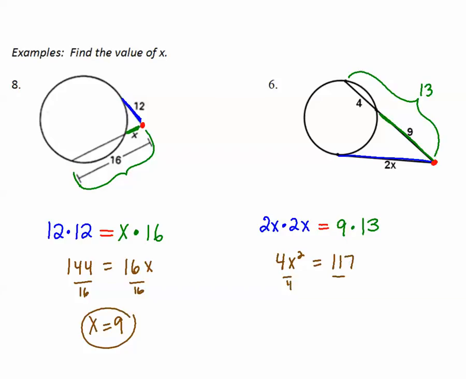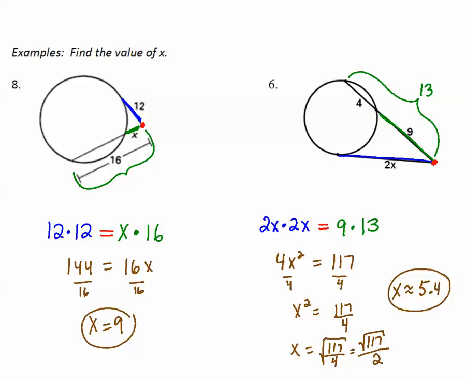Have to divide by 4 first, so x squared equals, well, that doesn't divide evenly, so I'm going to write it as 117 over 4, and then we want to take the square root. So I can write it as square root of 117 divided by 4, or square root of 117 divided by 2, since I can't take the square root of 117, or I take the decimal and I say x is approximately 5.4. Leave your answer however is suggested by the directions.